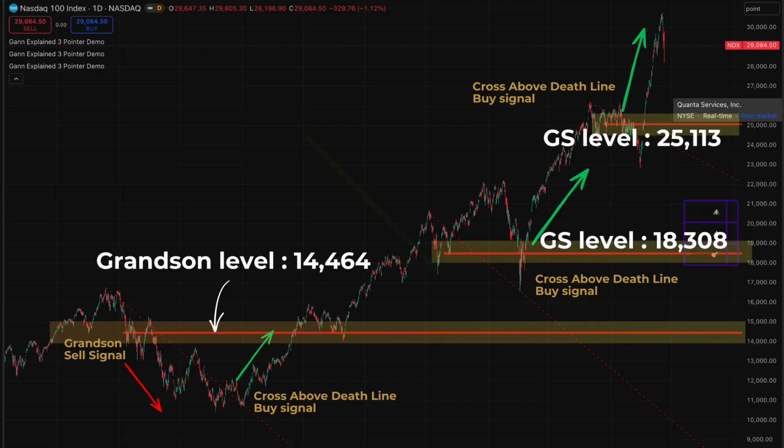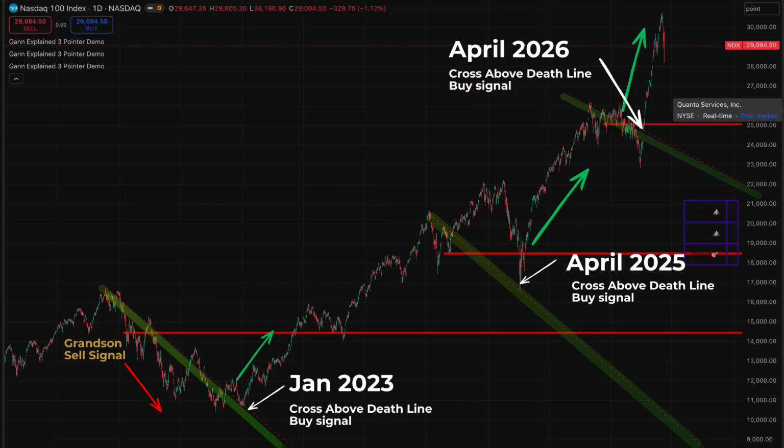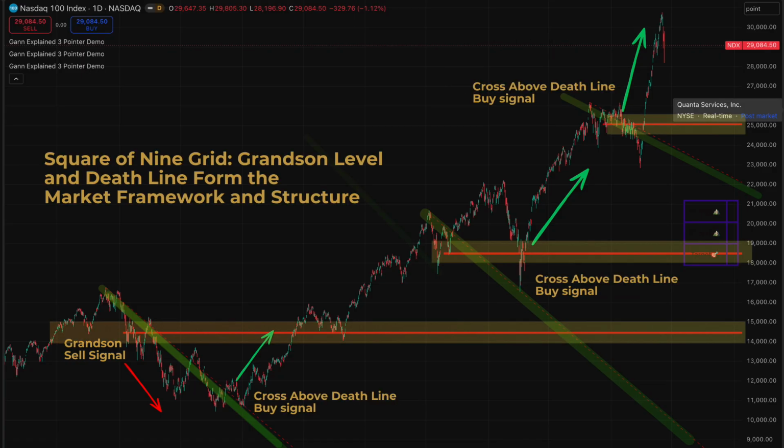Then look at the depth line. The market also kept respecting the depth line through dips, volatility, and V-shaped reversals in January 2023, April 2025, and April 2026. The Gann son level and the depth line form a strong support and resistance framework.